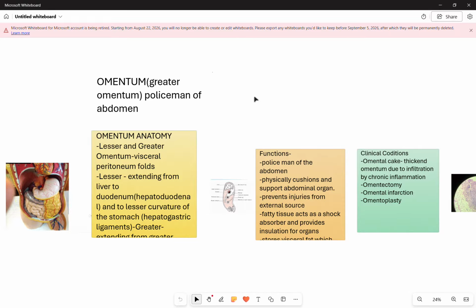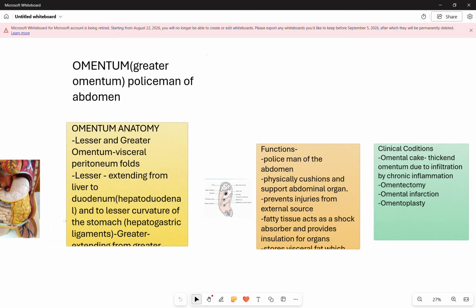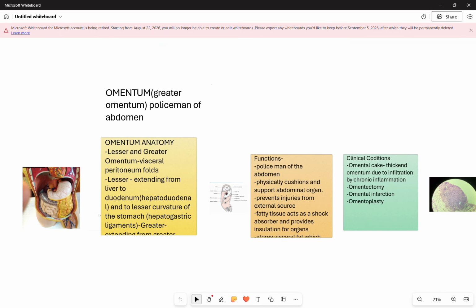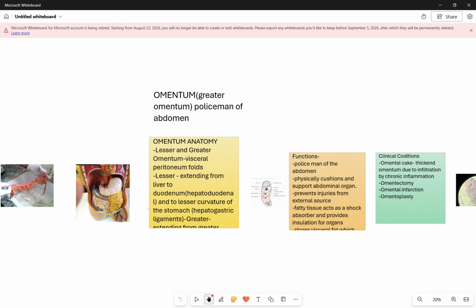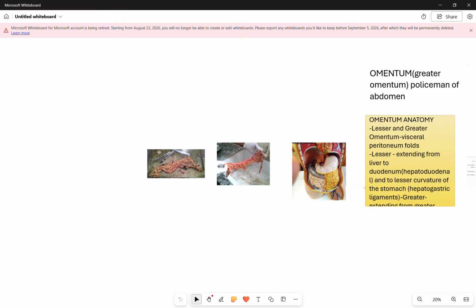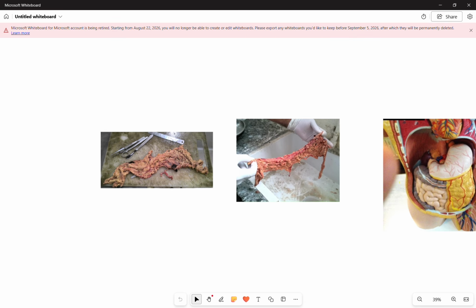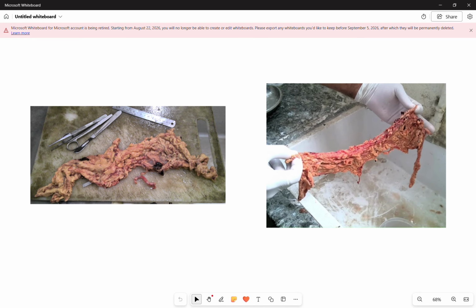Now, let's start with the omental anatomy. What is it and what it appears like on examination, gross examination. So I got the specimen over here. This is greater omentum. It's fatty tissue and very vascular.